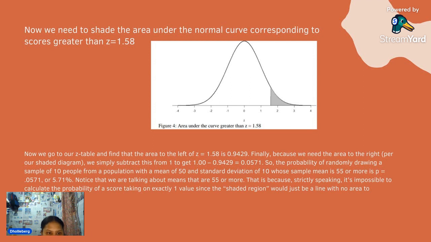What we are asked here is to find the value of the tail. We all know that the bell curve is equal to 1 or 100%.